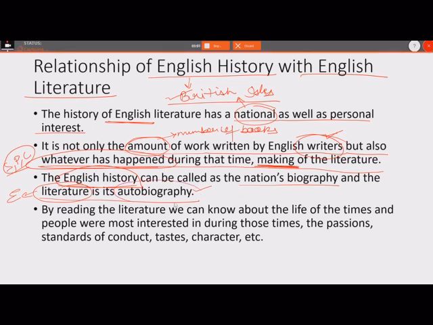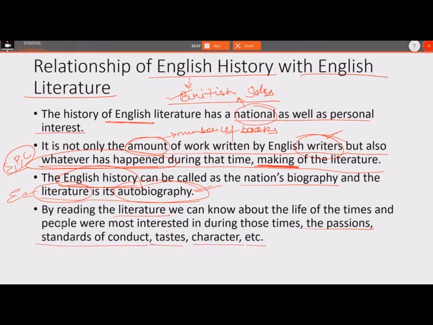Because autobiography means that it has been written by the people about their own selves, and that is why we say that the literature of any country is an autobiography of that country. By reading the literature, we can know about the life of the times and people, what they were most interested in during those times, their passions, their standards of conduct, their taste, their character, etc.